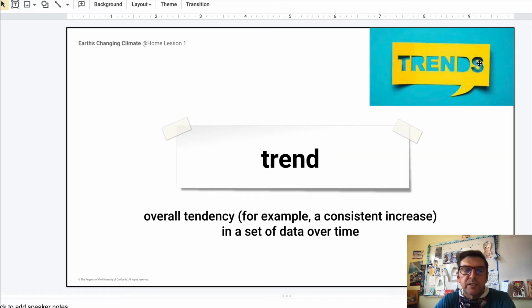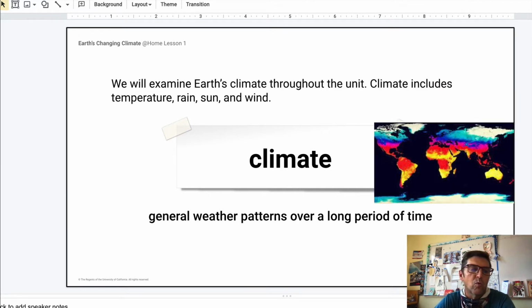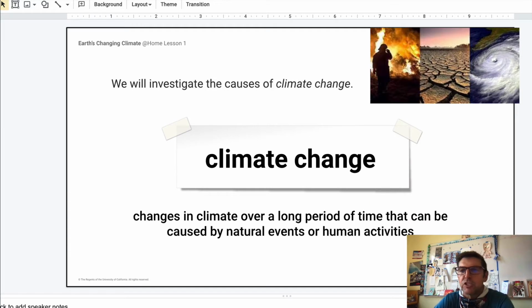This doesn't help me understand trend because it just says trend, but you might have a picture that helps you understand trend, or you can just read it. A tendency, increase of data over time. Fluctuation, pretty obvious, things that go up and down or sideways or movement. Climate, a whole world, different climates. Climate change, things are going to change. The climate's going to change. Good job, Brandon. All right, let's dive into today's lesson.